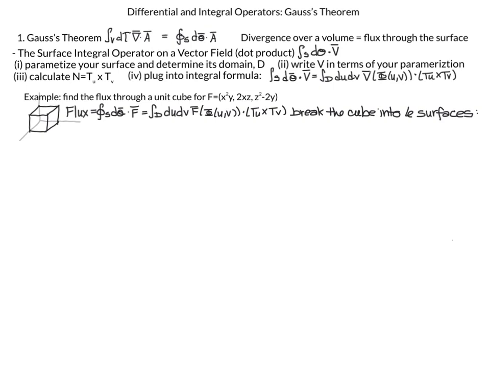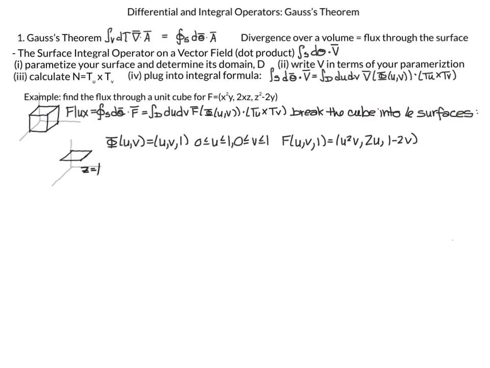So the flux, going back to our formula for flux, is the integral over my domain, du dv, of our vector field composed with our parameterization of the surface, dotted with the normal, which is tu cross tv. And the thing about this surface, like the cylinder, is we need to break it into 6 surfaces. The first surface I'm going to choose is this top surface, where z is equal to 1.